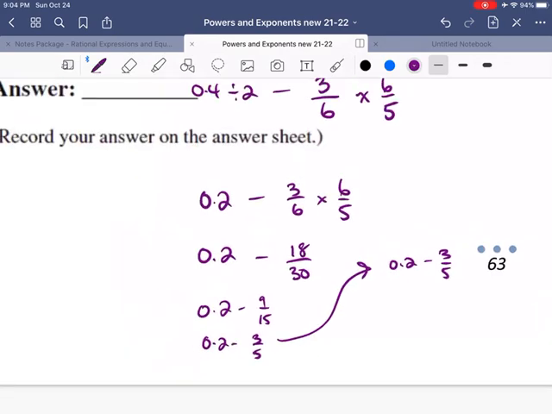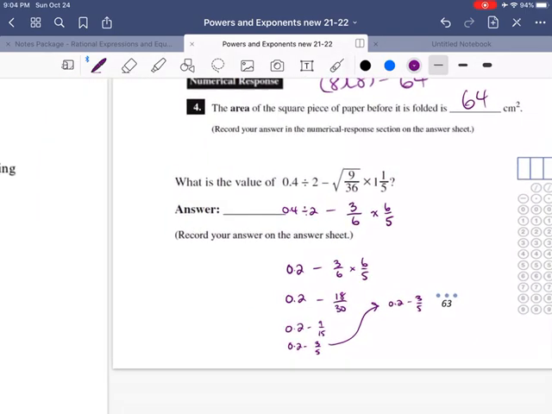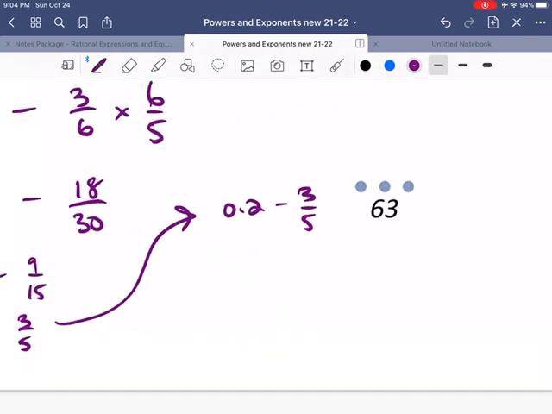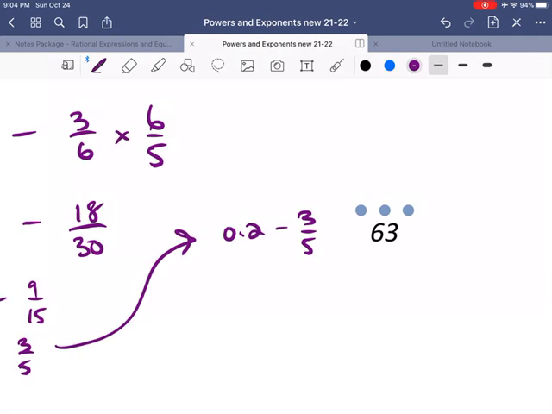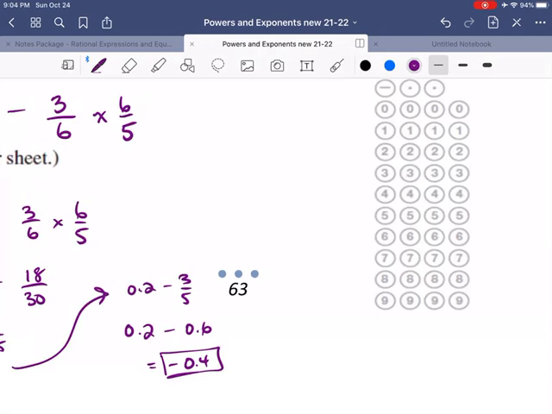You could answer this either in decimal. Does it say the area? What is the value of? Okay. So I'm assuming decimal or fractional form would work. So if you want to do decimal, this is going to be 0.2 minus 0.6, which is negative 0.4. And if you wanted to leave it in fractional form, 0.2 is the same as 2/10 minus 3/5.